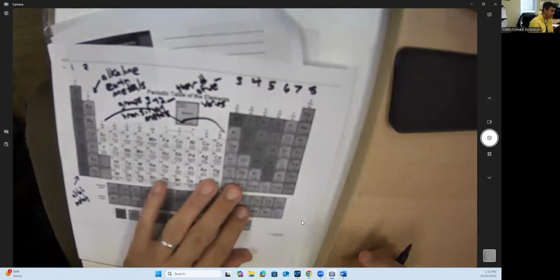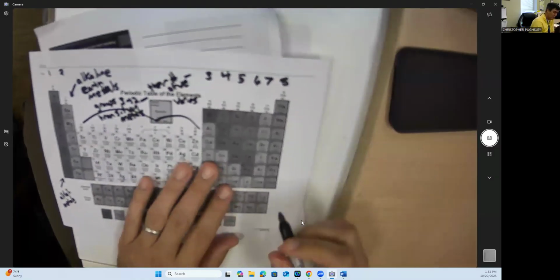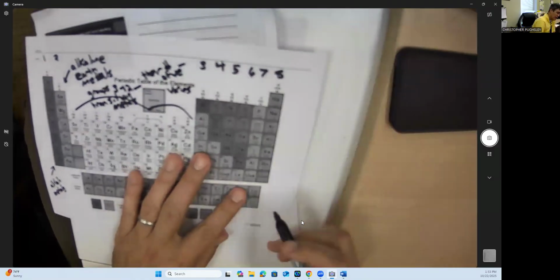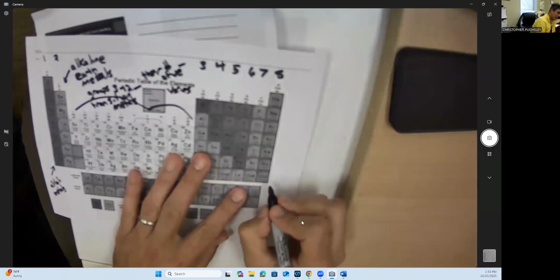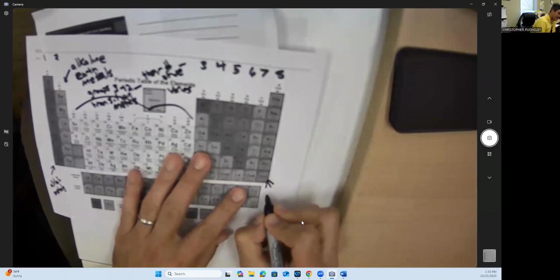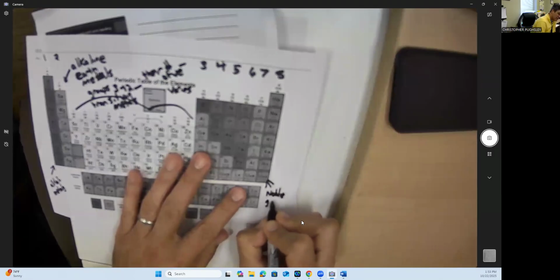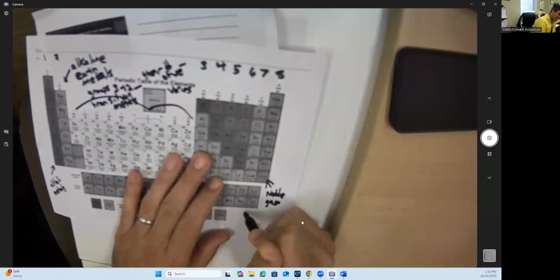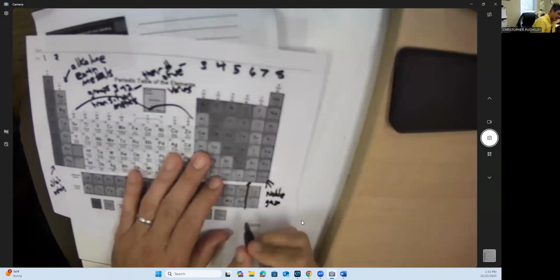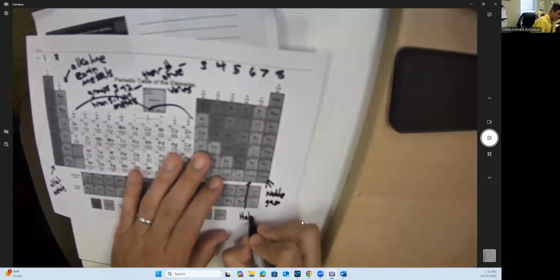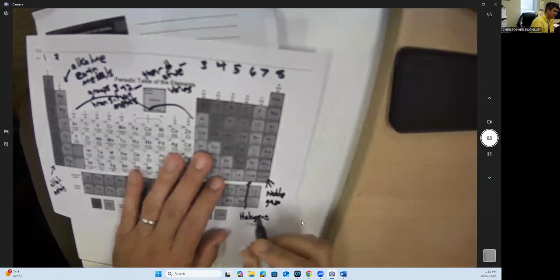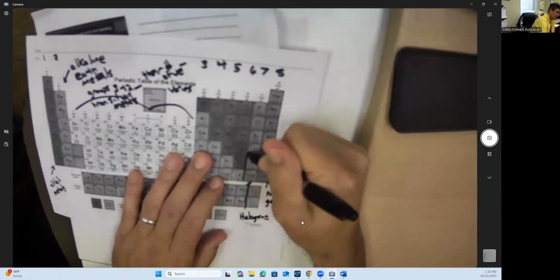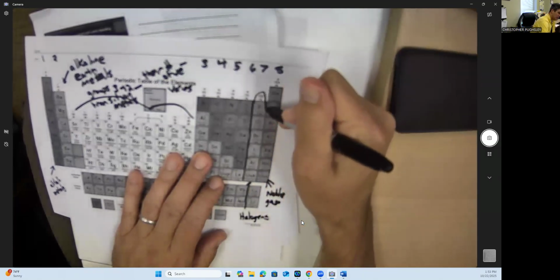I forgot to say, I want to make sure we understand that group 18, or group 8A, is called the noble gases. And this group right over here, group 17, is called the halogens. So that's all we have to draw over here.